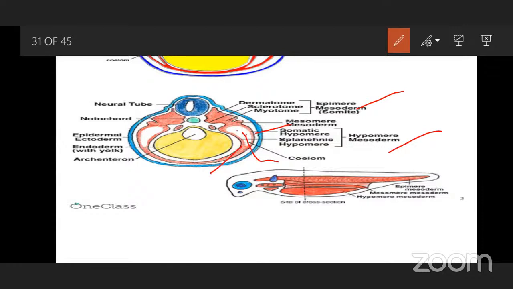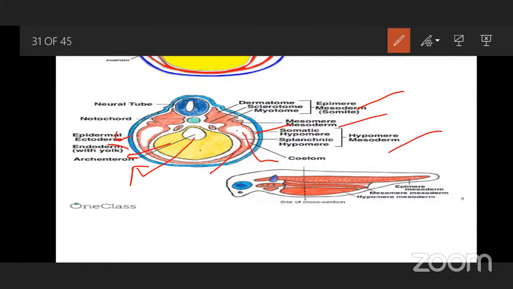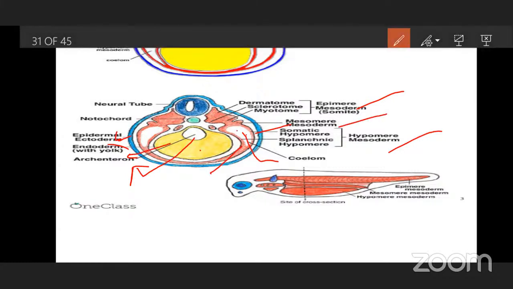Then you can see the epiderm, which is derived from the ectoderm, and this part is the archenteron, and this is the endoderm with the yolk present here. But in humans, the amount of yolk is almost negligible, so the condition is known as microlecithal. And then mesomere is the one which gives rise to the mesoderm.